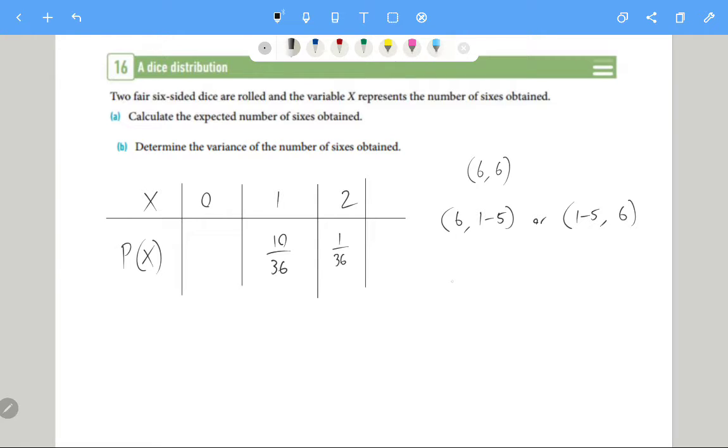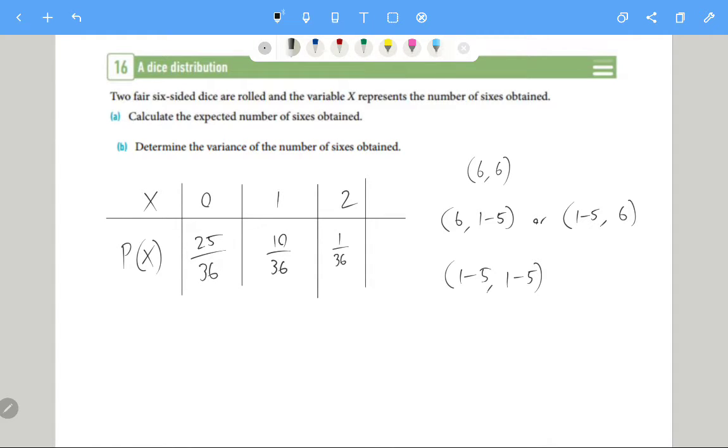And so then that just leaves us with the cases in which I get a 1 and then a 1 to 5, or a 2 and then a 2 to 5, or so on and so forth. Or I could just think of it as a 1 to 5 and then a 1 to 5. So it's 5 outcomes here, 5 outcomes here, 5 times 5 is 25 outcomes out of 36.